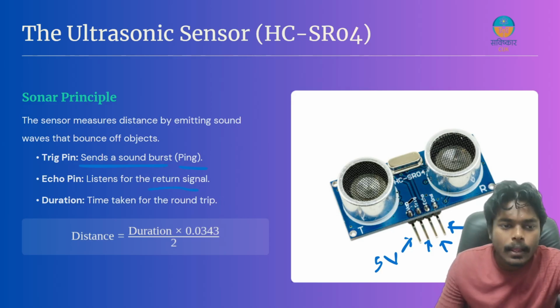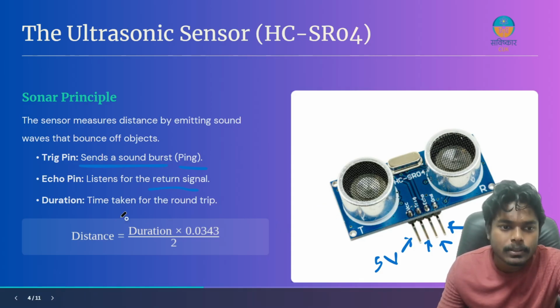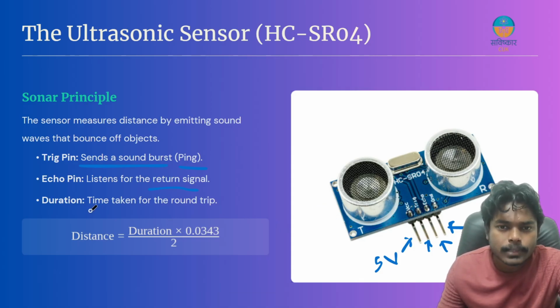All right, and another parameter which we calculate using this echo pin and trigger pin is by taking the time difference between the emission of the sound wave and the time when it receives the sound wave, and we call it the duration.